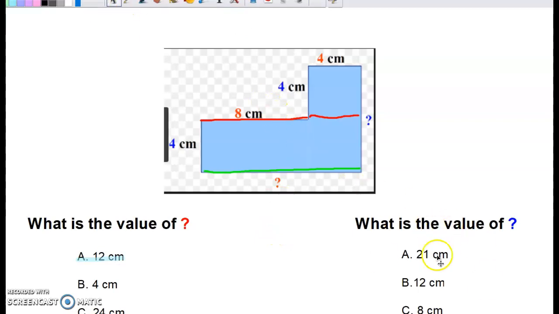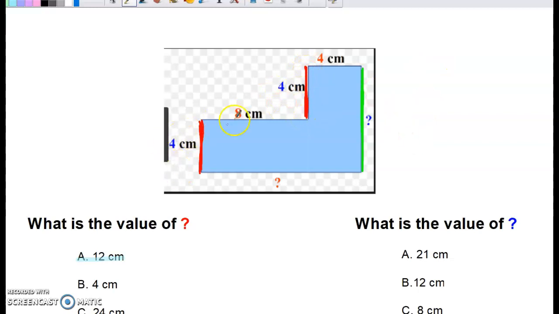The other question here on the bottom right is what is the value of the blue question mark? So those refer to my vertical sides of my figure. So again, I'm being asked to find this vertical side on the right, and I'm going to use the comparisons and use the figures that I do know, the other vertical sides. And I like this figure because it highlights in the same color.